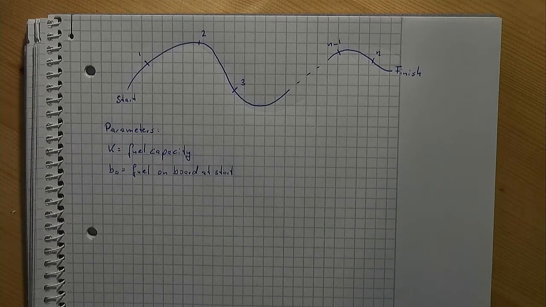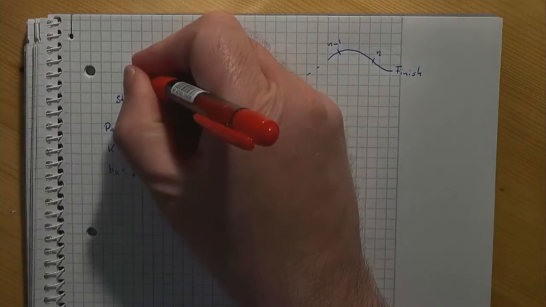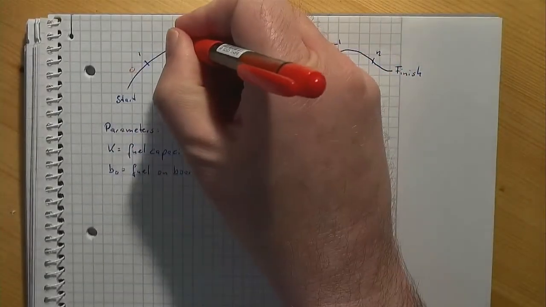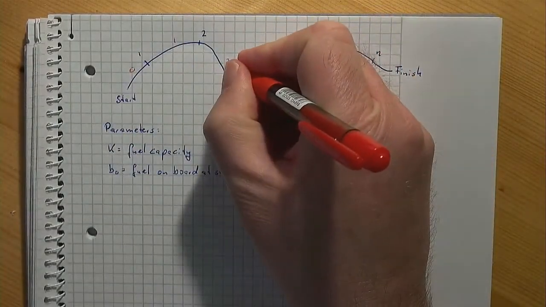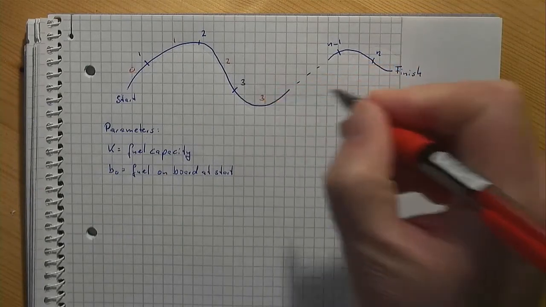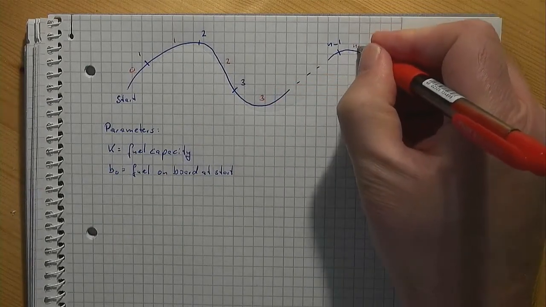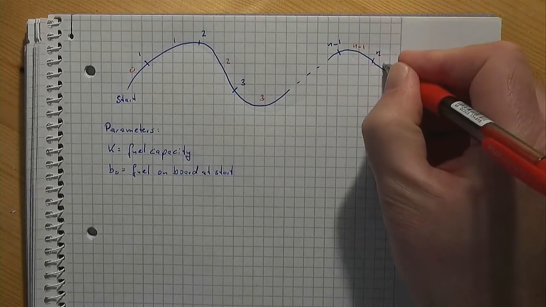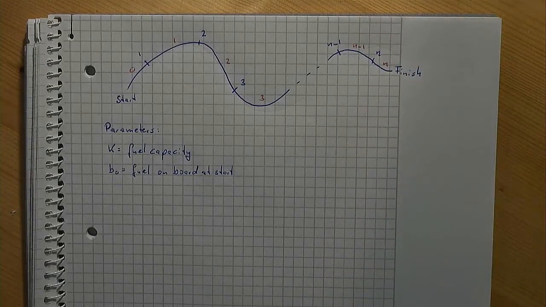Quite naturally, the gas stations partition our trip into n+1 segments. Traveling segment i requires vi liters of fuel.